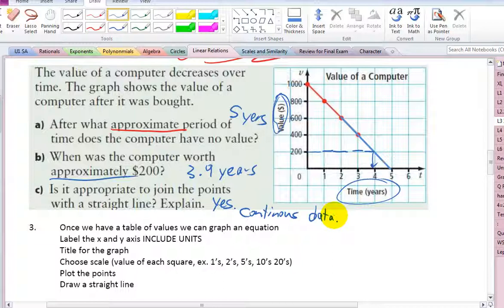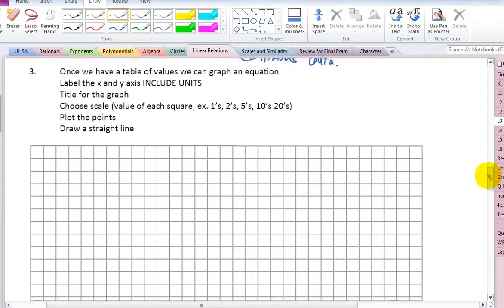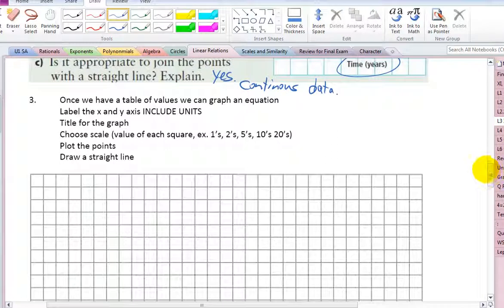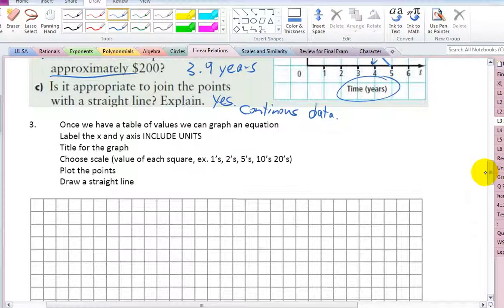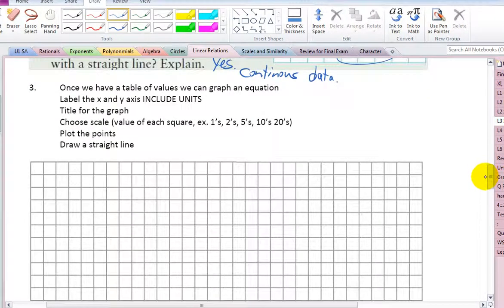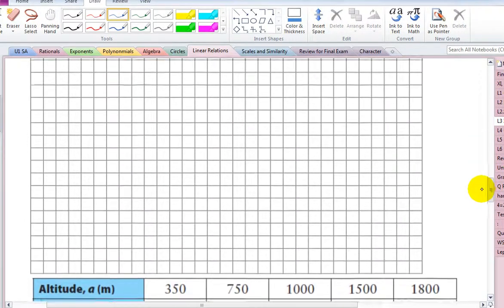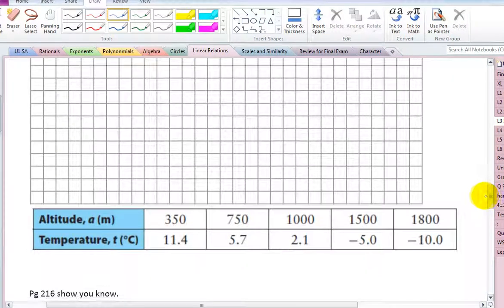Okay, so what we're going to do now is our graphing. When you're graphing, you need to have a table of values, which we have at the bottom. Then what we can do is label the X and Y axis and include units. Now this one's a bit of a special graph because the temperature depends on altitude.